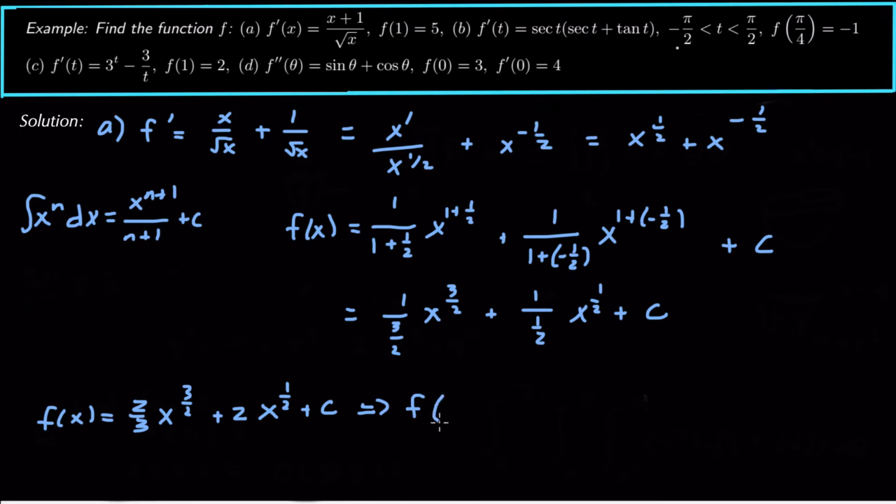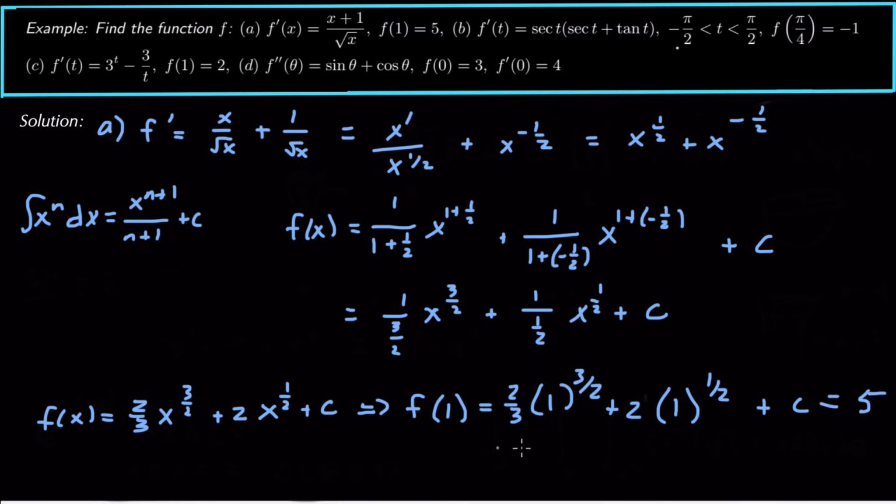So f of 1 would be 2/3 times 1 to the 3/2 plus 2 times 1 to the 1/2 plus c. And now that should be equal to 5. So 2/3 plus 2 plus c should be 5, which would tell me that c would be equal to 5 minus 2 minus 2/3. So that turns out to be 7/3.